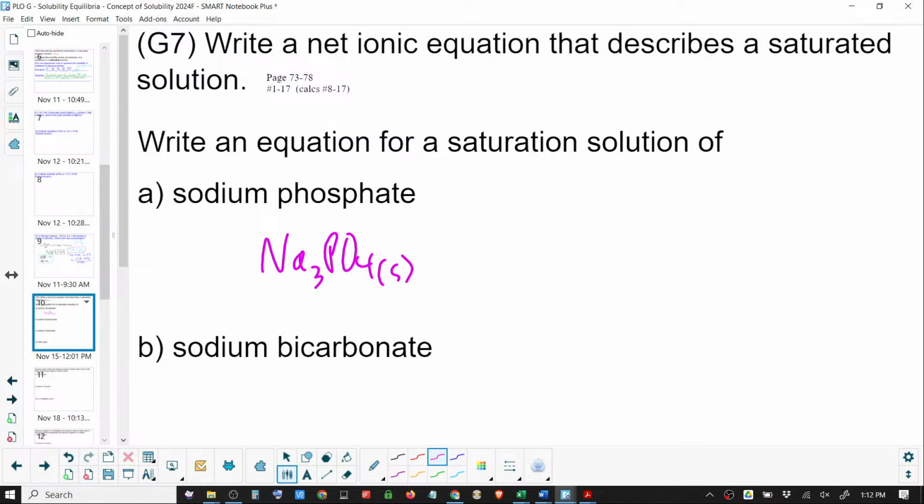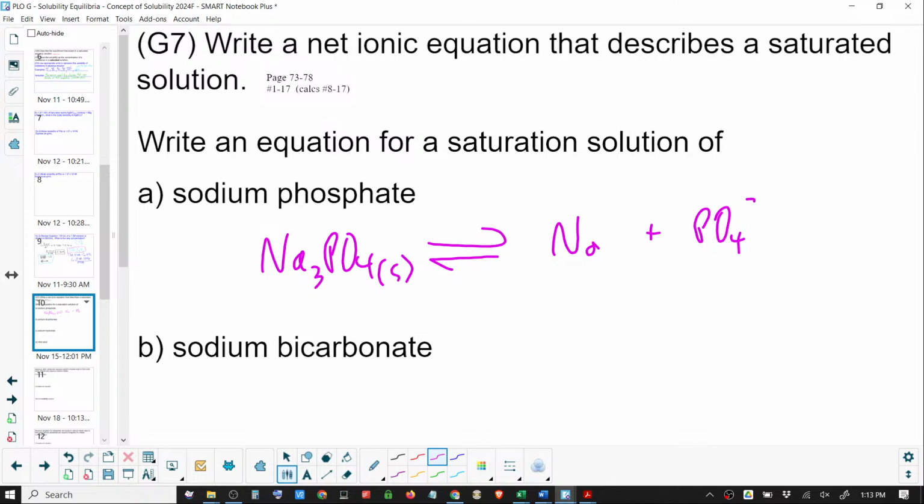It is the maximum amount, but there's one piece you must have in it from last day. Extra solid. So there must be a solid, and it must be in equilibrium with the products. What products do we have? Na+ plus PO4.